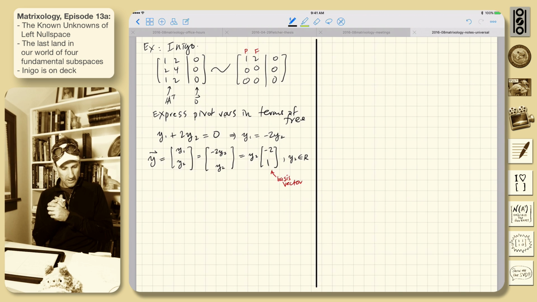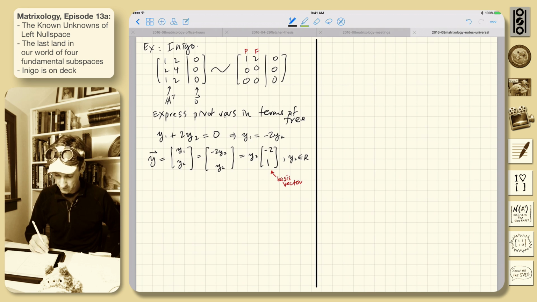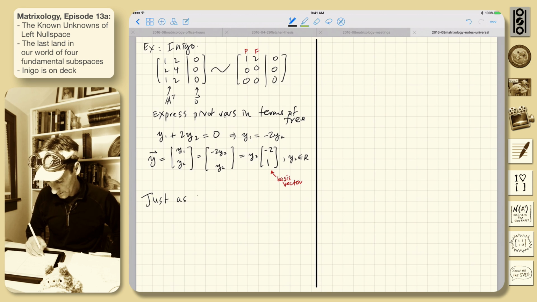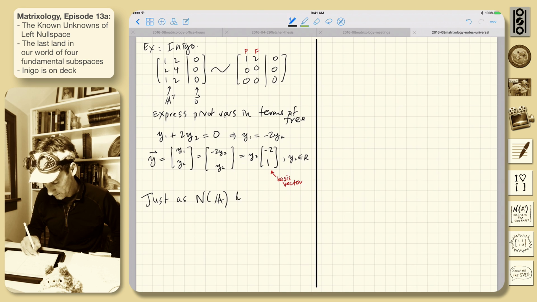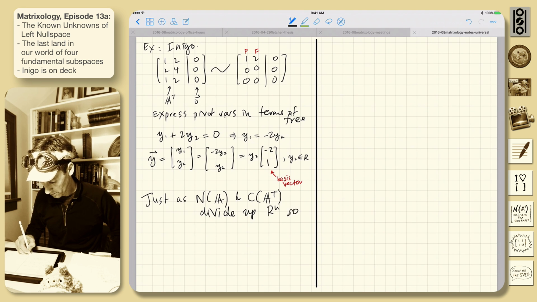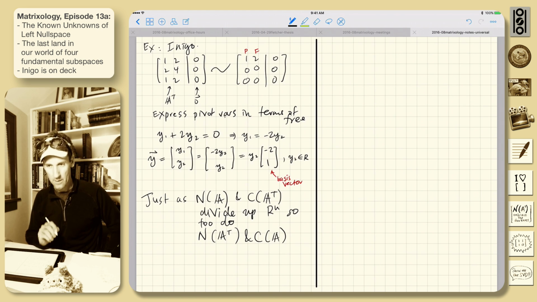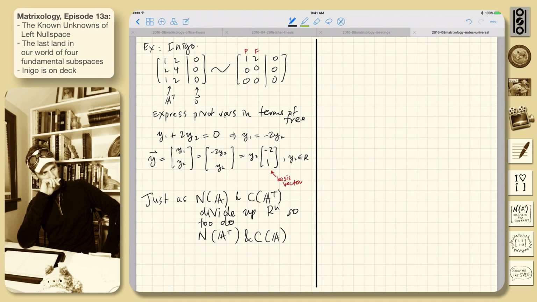So just as the null space of A and what we now know to be the row space divide up Rn, so the null space of A transpose and the column space of A divide up Rm. Awesome.